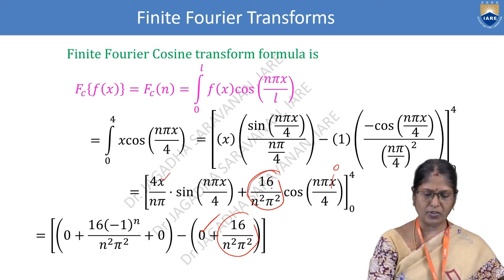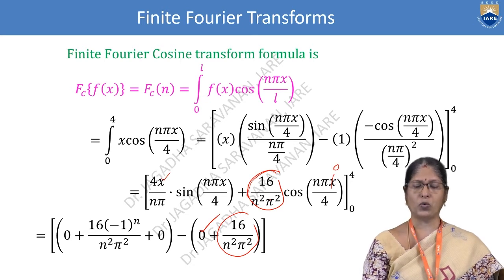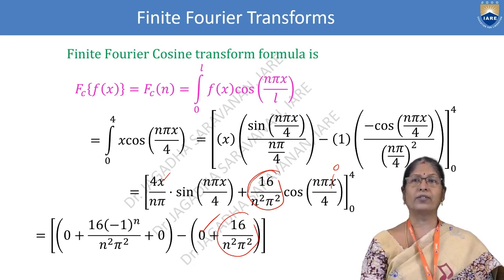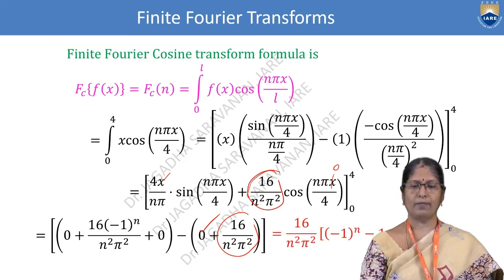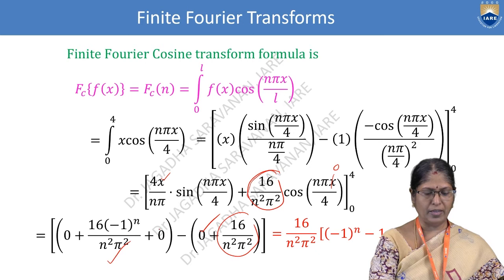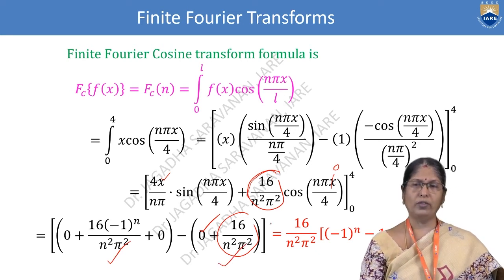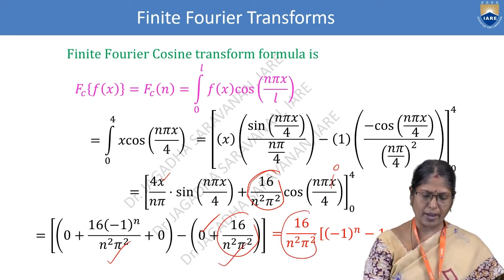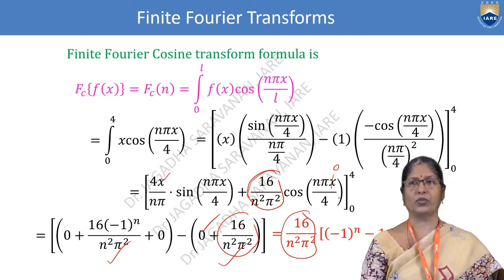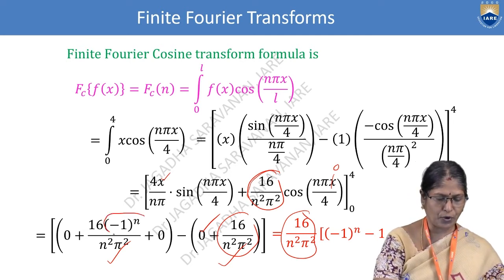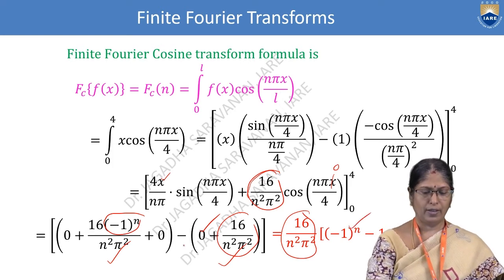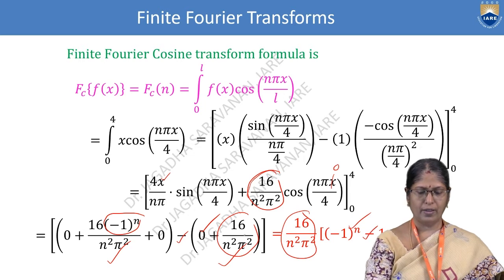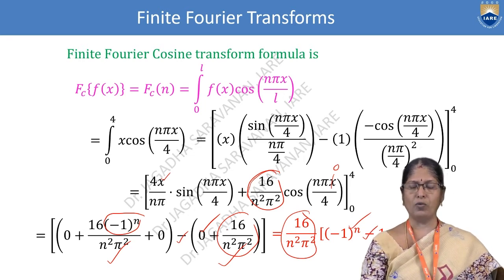This particular 16 by n square pi square into 1 is 16 by n square pi square. In this, both the terms have 16 by n square pi square common. Here the leftover is minus 1 power n. This minus is here, everything has come out, so the remaining is 1.